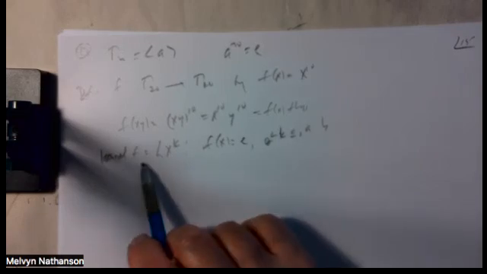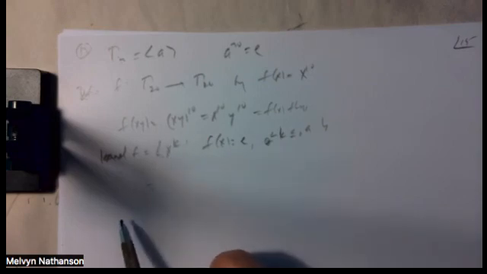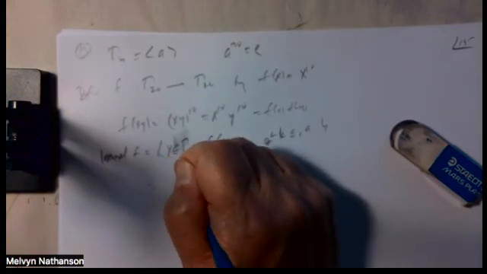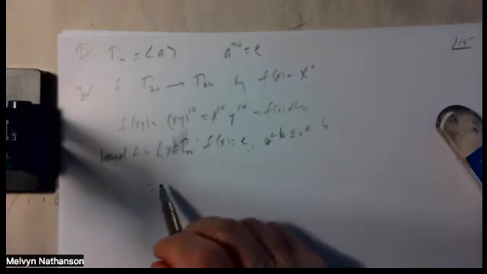The kernel of f is all x. Let me just write it more carefully. So this is the definition of the kernel. It's all x in the group, in this case the group is gamma 20, such that f of x is the identity.